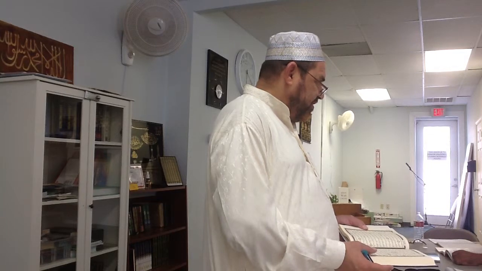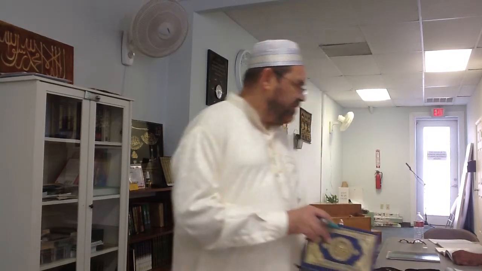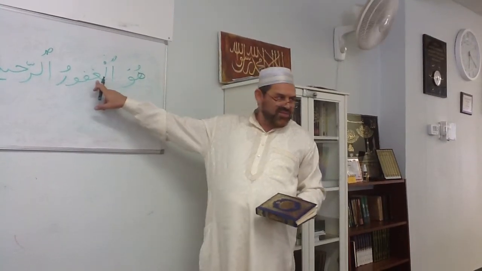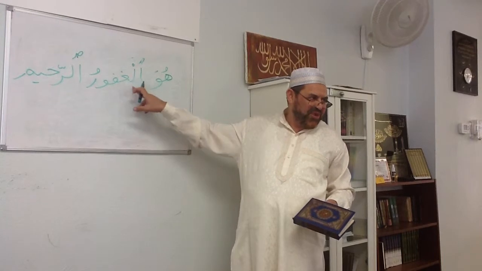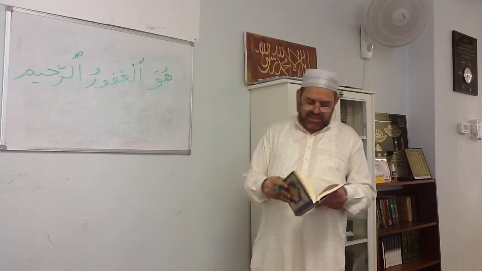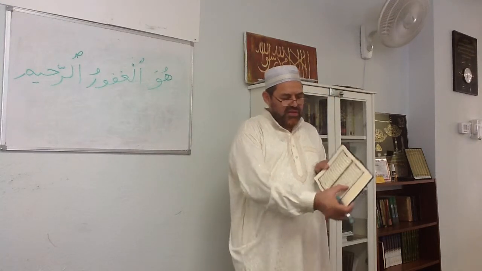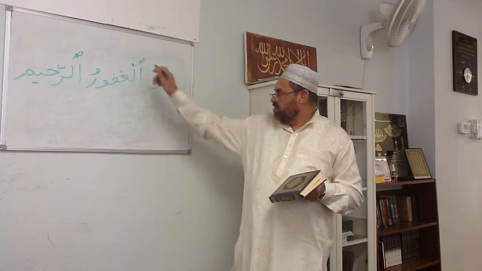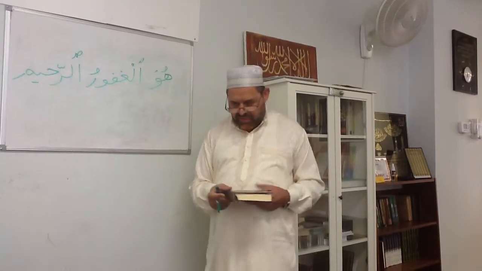Ra is a Shamsi letter, that's why it becomes Ghafur Rahim. And Ghain is a moon letter, that's why you are pronouncing the Lam and saying Huwal. So I can see in this Quran that both the words Ghafur and Rahim have this swad symbol. So wasla.